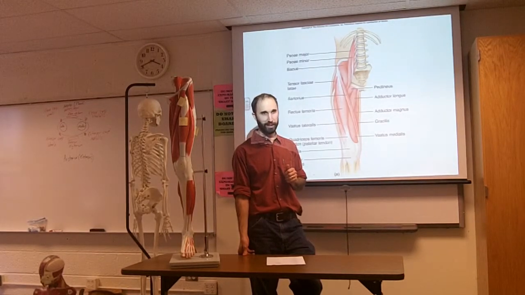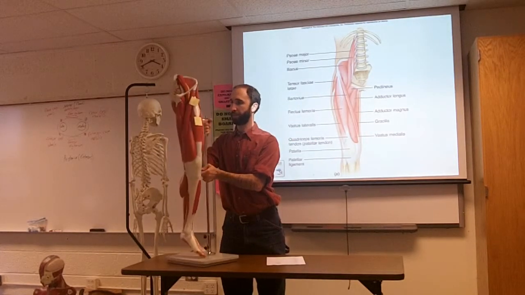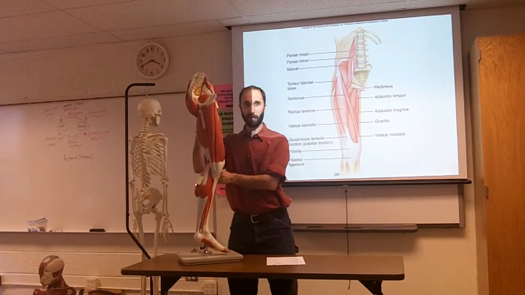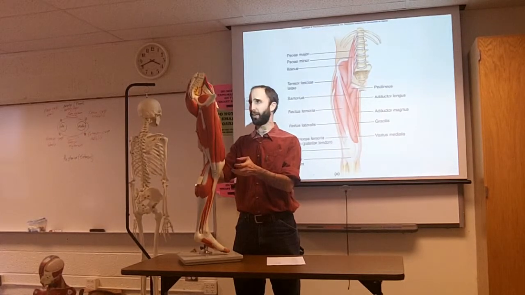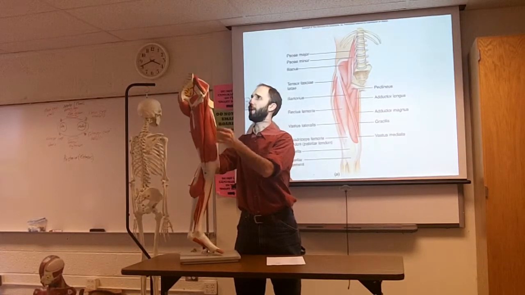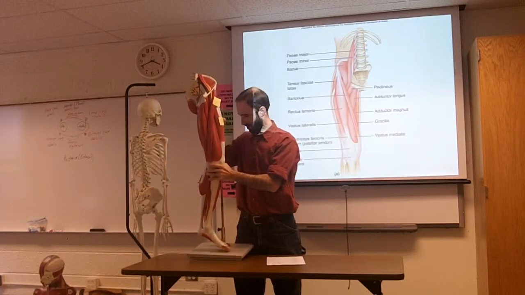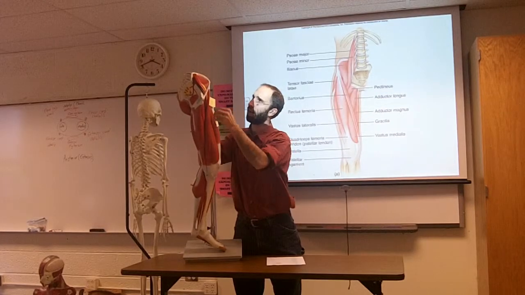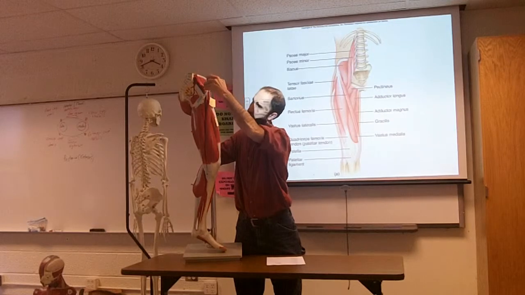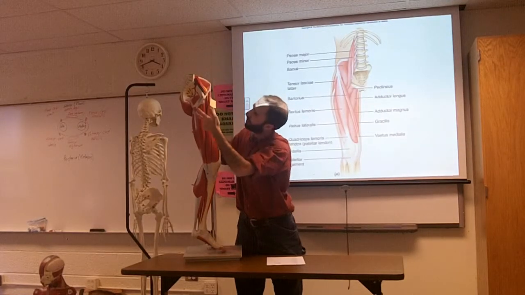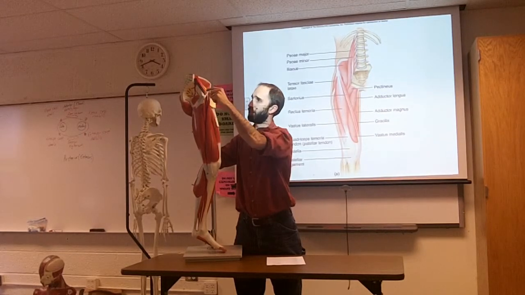It has a partner, the iliacus, which also flexes the hip. A lot of times people call them the iliopsoas because they run together. This is the psoas right here, cut off on our little model. You have the psoas coming down, attaching to anterior vertebrae, and here's the inguinal ligament attaching to the pubis.